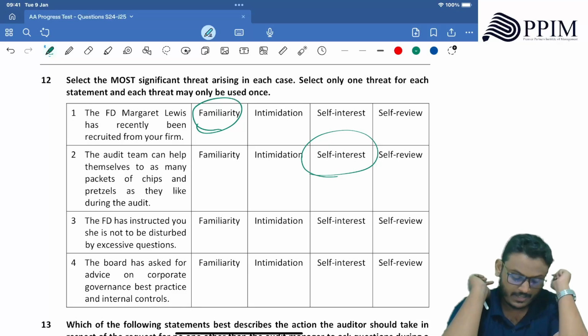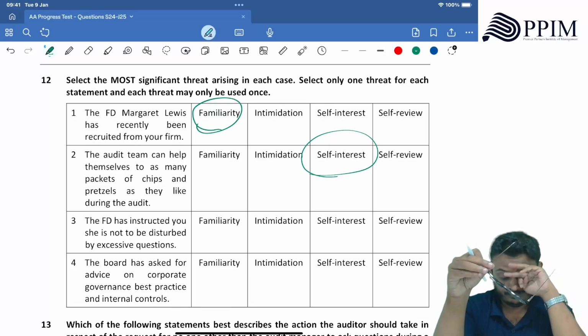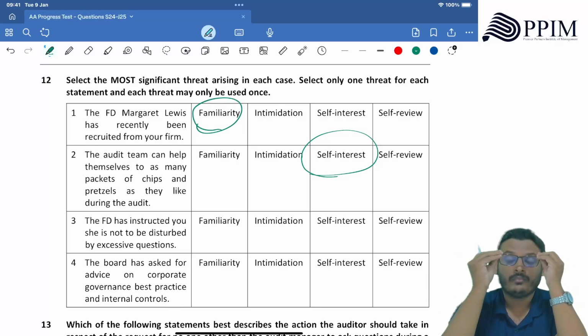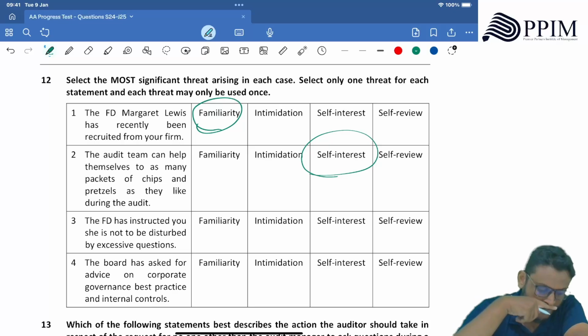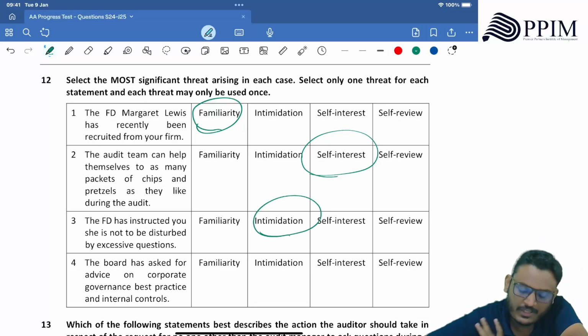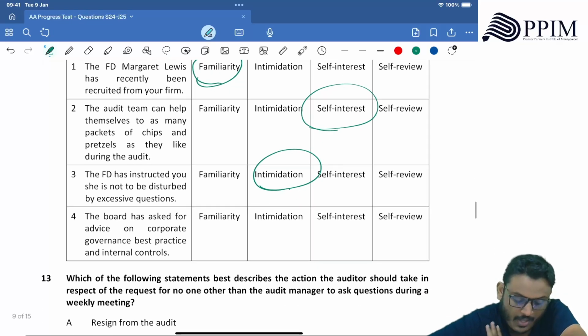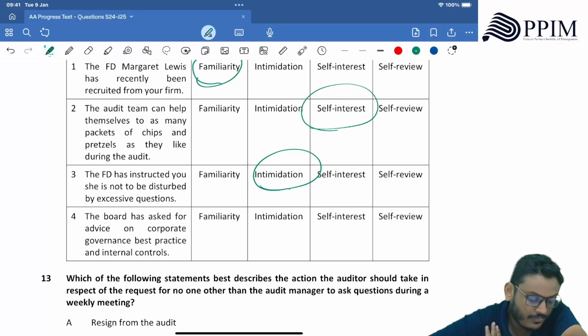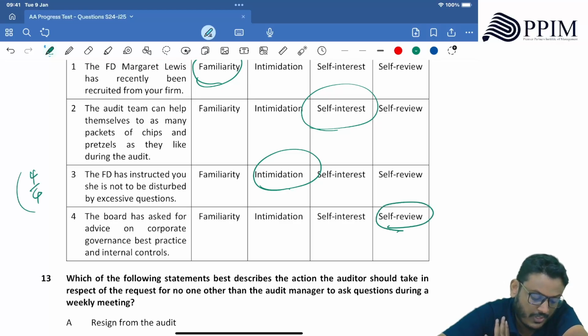The finance director has instructed you she is not to be disturbed by excessive questions. That is what we call an intimidation threat. She is pressuring us, actual pressure and perceived pressure. The board has asked for advice on corporate governance best practice and internal controls. Self-review. So for all correct answers, give one mark.